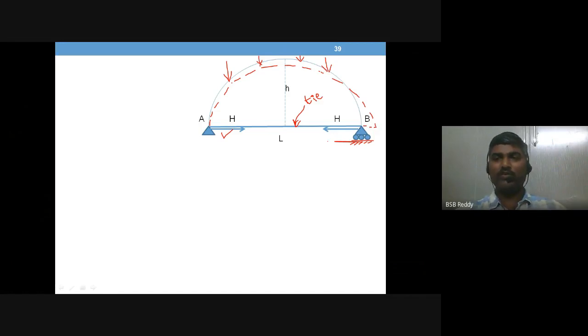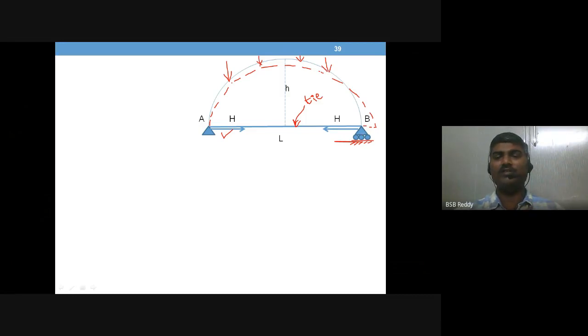When you don't provide a tie, what happens? The arch is going to deform, and that we don't expect. We don't want that to happen. So to have stability in the arch, you need something there to hold it.